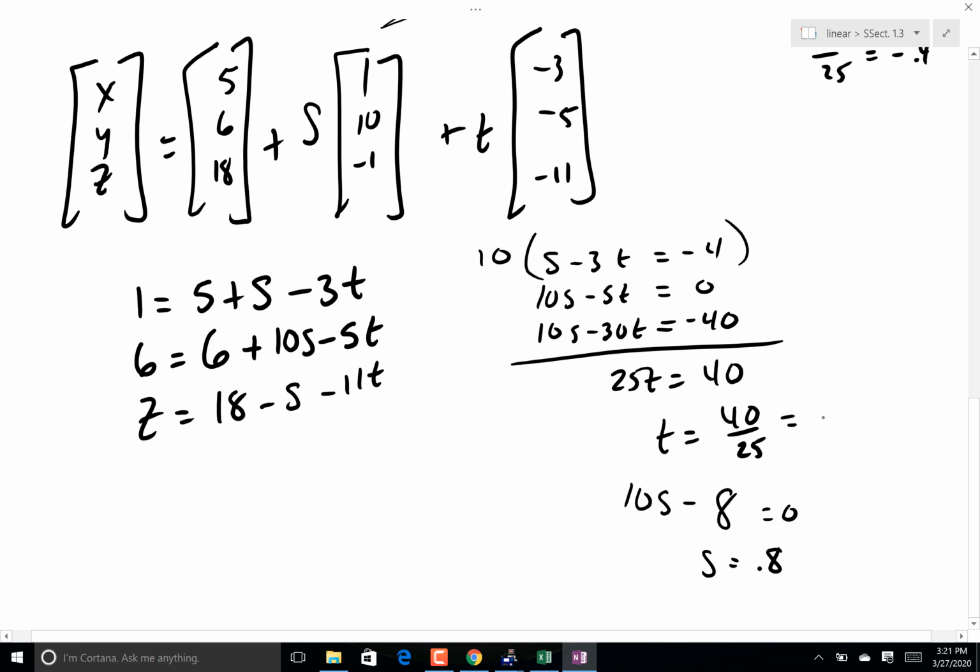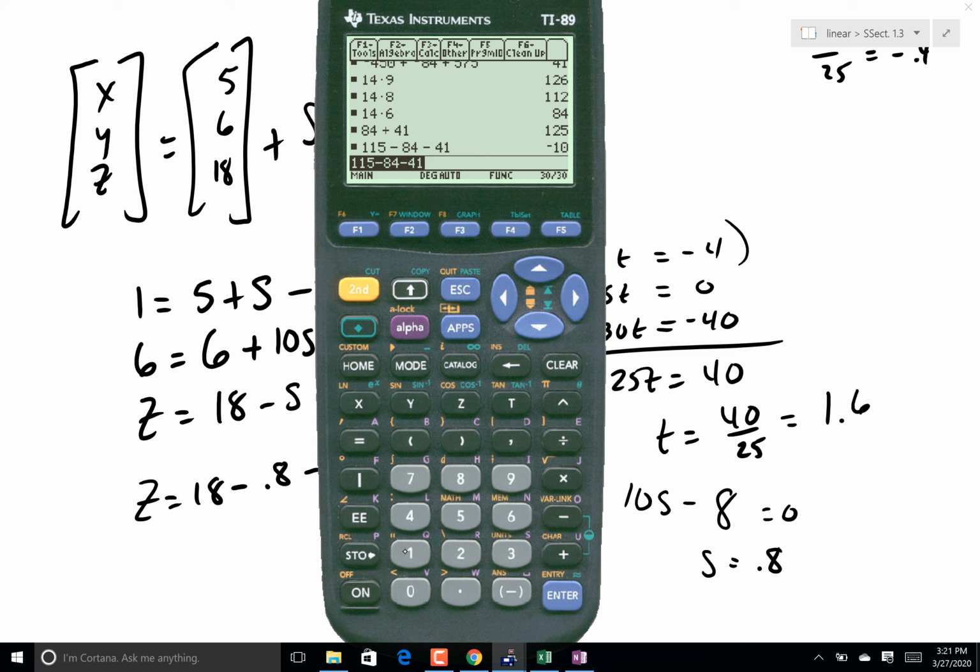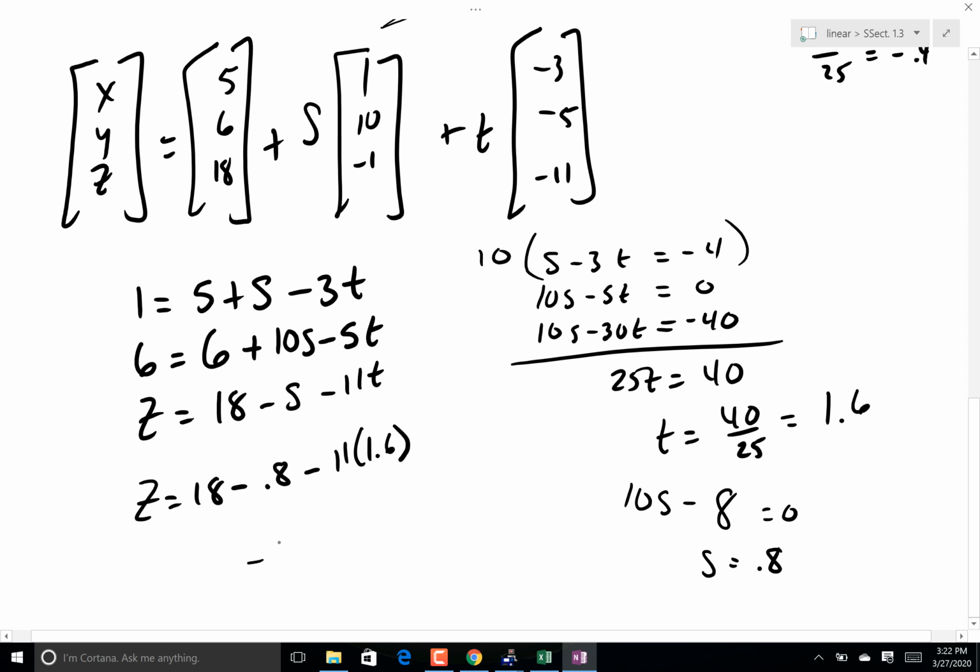And t is equal to 1.6. So if one were to plug this in, one would get 18 minus 0.8 minus 11 times 1.6. And the answer is negative 0.4. How about that?